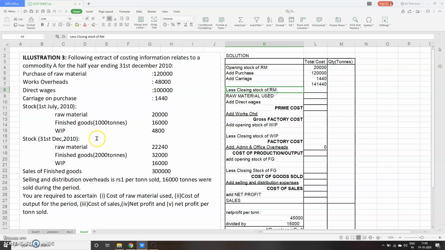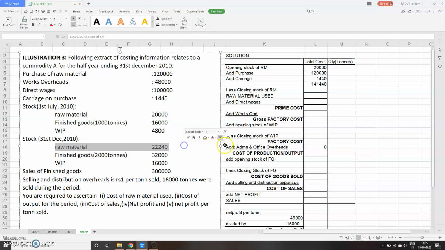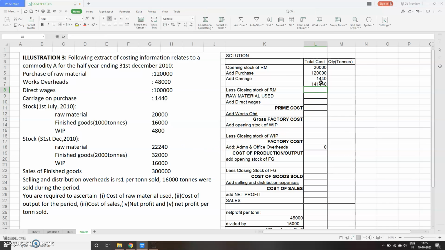Now less closing stock of raw material is here, 22240. If you deduct that, raw material used or consumed is 1,19,200.